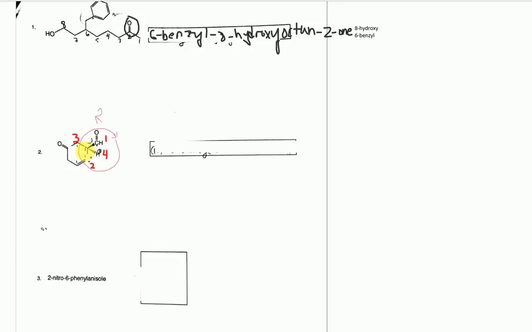So if I go in this direction, I get 1, 2, 3, 4, 5. So I get 1. And if I go in this direction, I get 1, 2, 3. Okay. So this direction is the better one. This direction. So this way, the clockwise way.